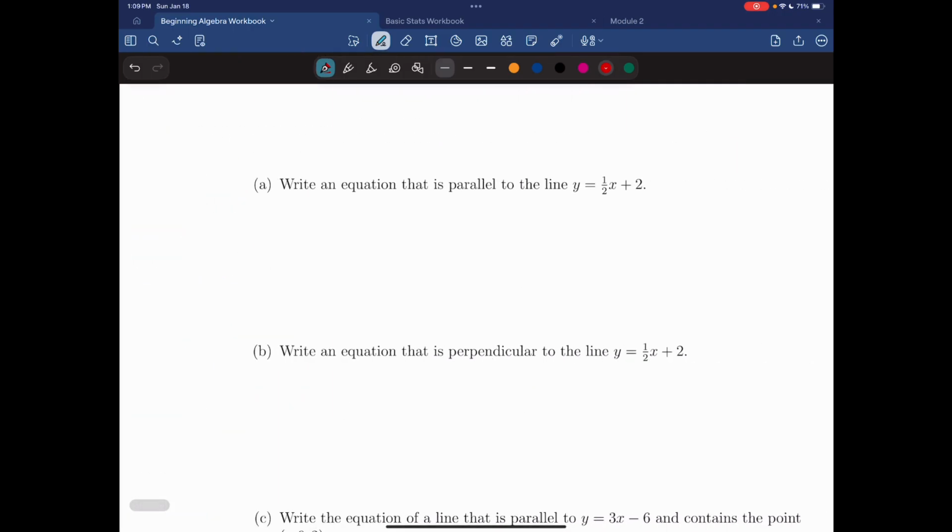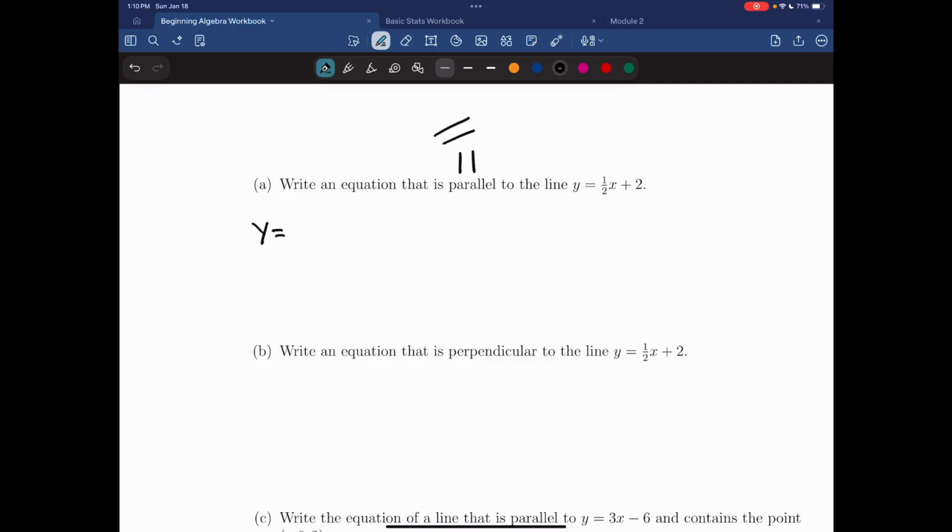All right. So let's just dive into some examples. So for example A, we're asked to write an equation that is parallel to the line y equals 1/2 x plus 2. So recall, parallel lines means that we have lines that never intersect and have the same slope. So if we want to get a line that's parallel to 1/2 x, all we need to do is write an equation that has the same slope.